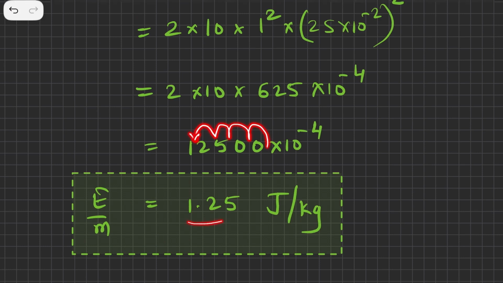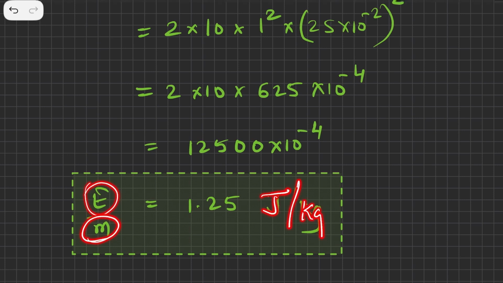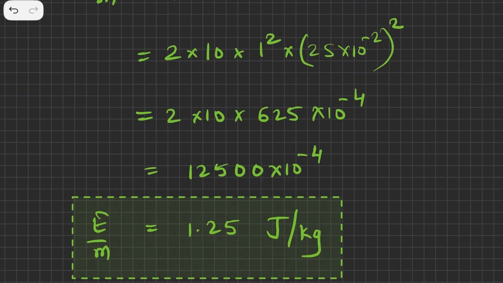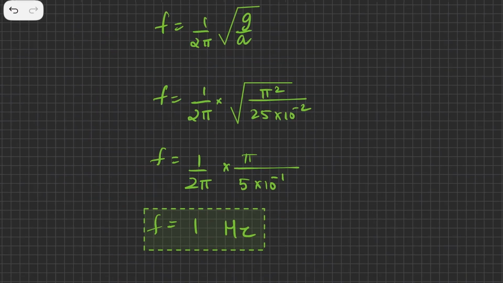So I get 1.25 joules. 1.25, that is my final answer. And because it is energy, the unit is joule. Because it is mass, the unit is kg. So joule per kg becomes the unit of this quantity, which is what they have asked, E upon m, that is energy per unit mass. So that's it for today.